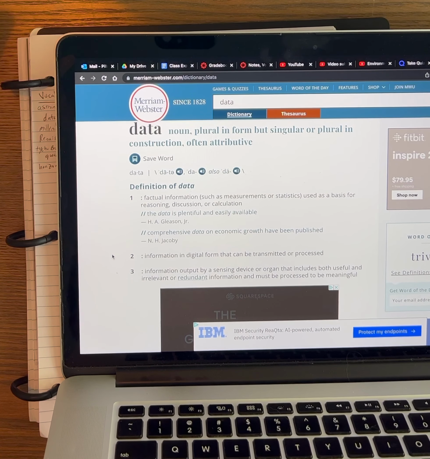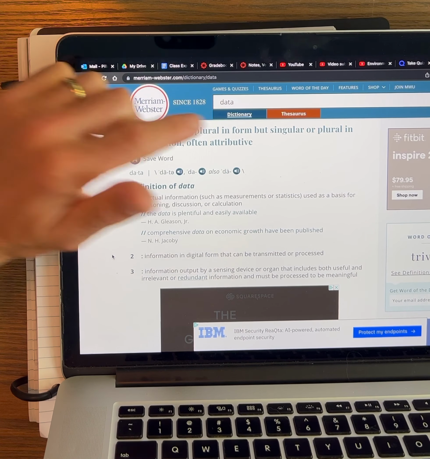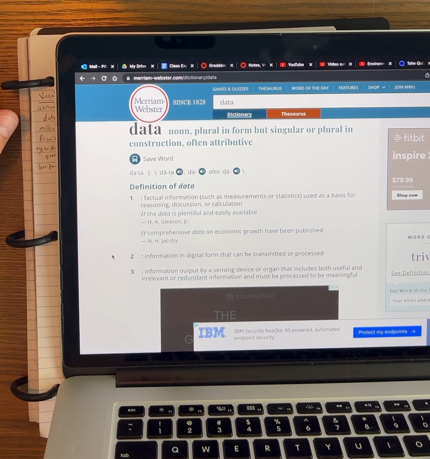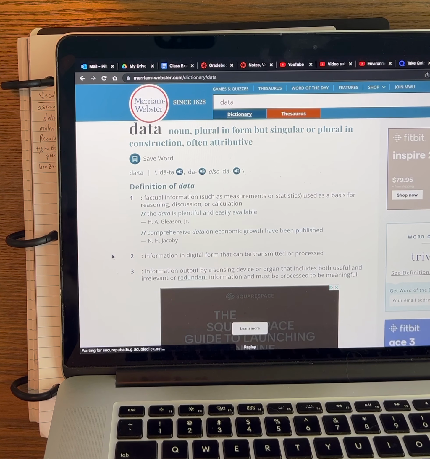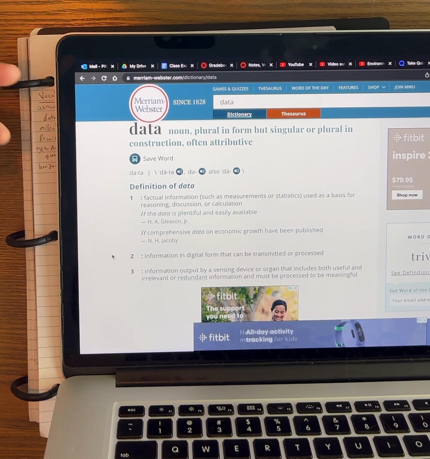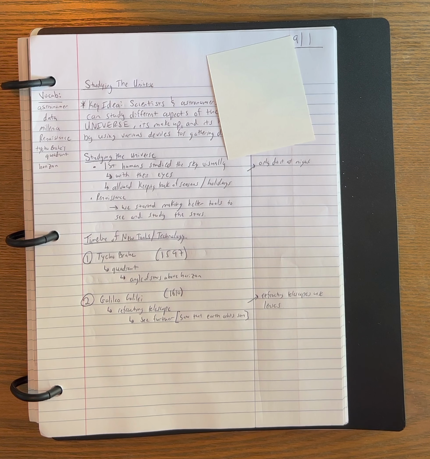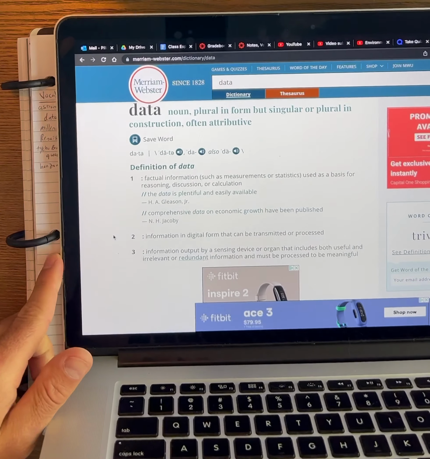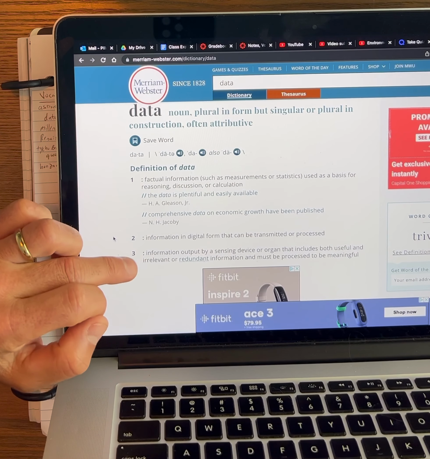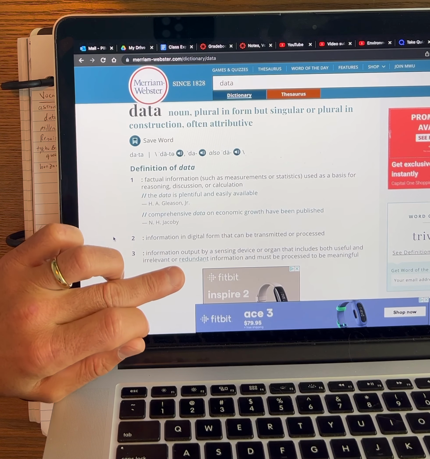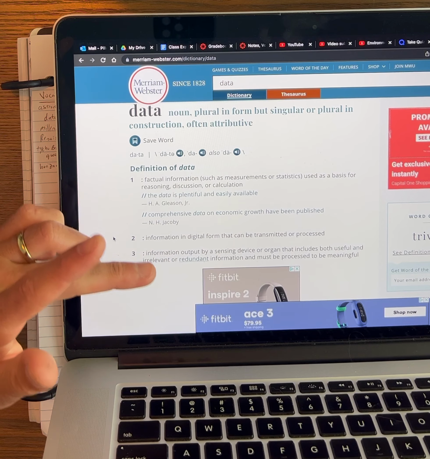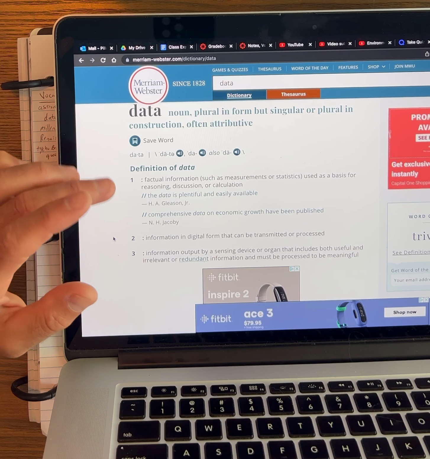So I'm at Merriam-Webster.com. When I typed in data, notice I got 3 definitions. Instead of just absent-mindedly copying what you see on the internet, read the definitions and find out which one works with what our study guide, our content, is talking about. Number 3 says information output by a sensing device or organ that includes both useful and irrelevant or redundant information.